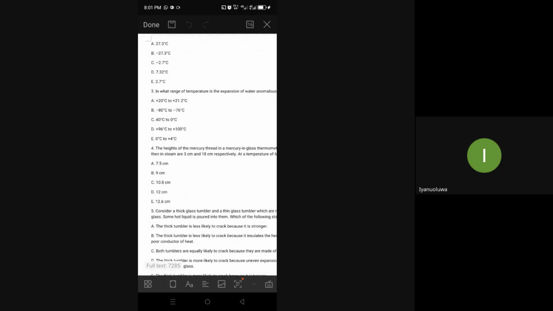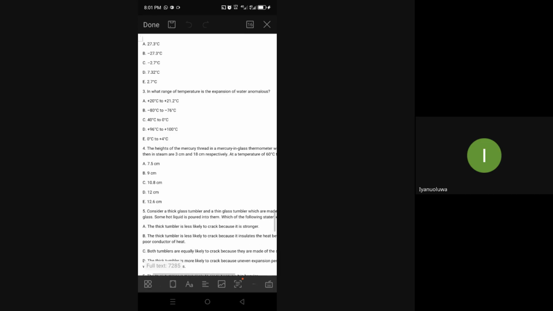This number 4, please write it down. Let me dictate it to you, and then you write, and then I will solve it for you to see, because such a question is very common. The height of the mercury thread in a tank.